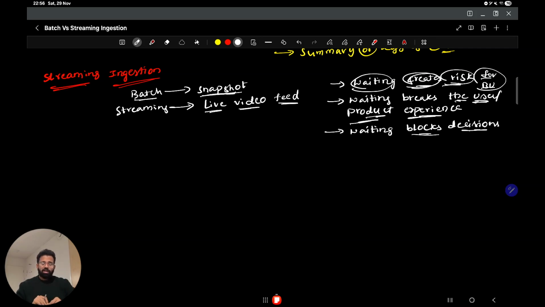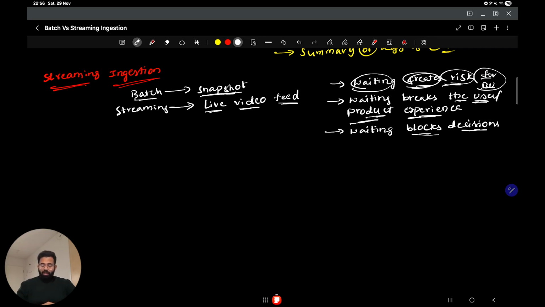The prices change literally each and every second, right? In this case, even a minute's delay or a 30-second delay can literally change the outcome of the entire trade. That's a big risk, and we don't want that to happen. This is when streaming also becomes super necessary.